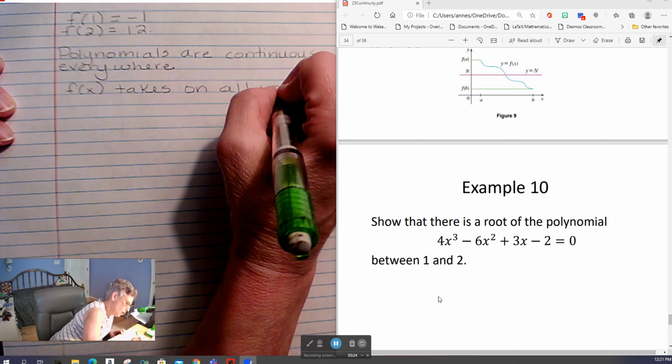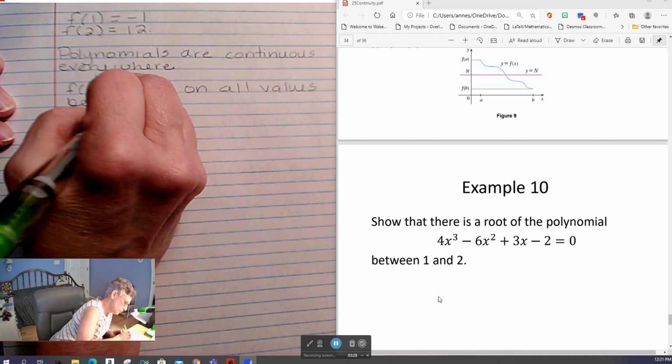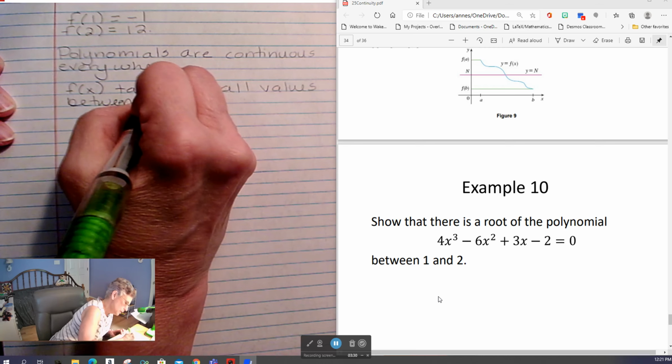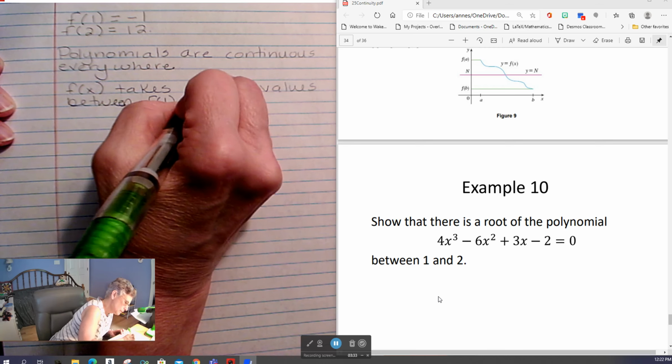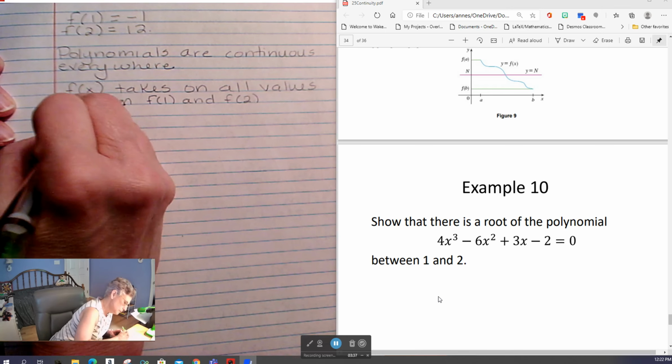It takes on all values between f of 1 and f of 2.